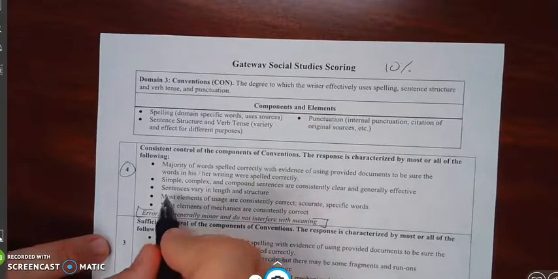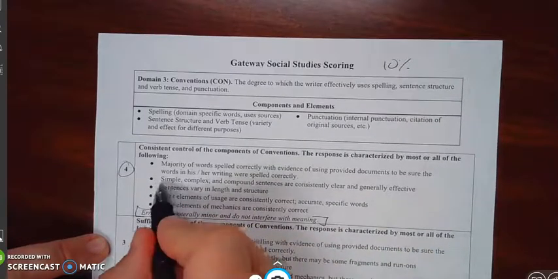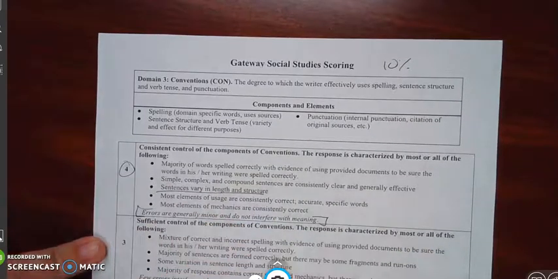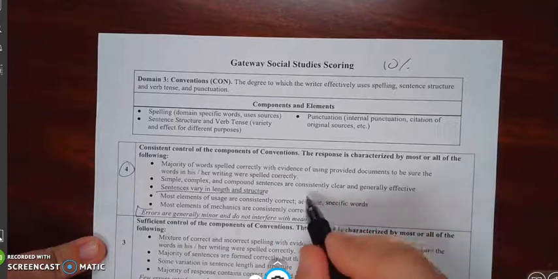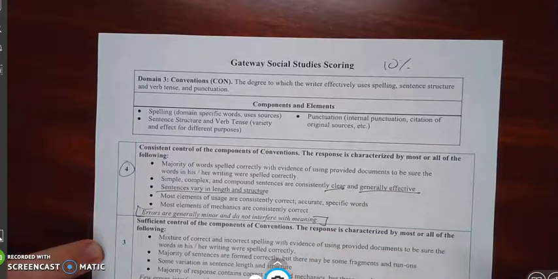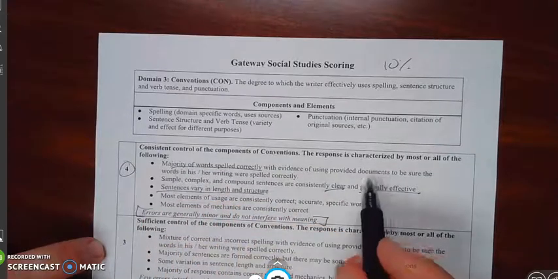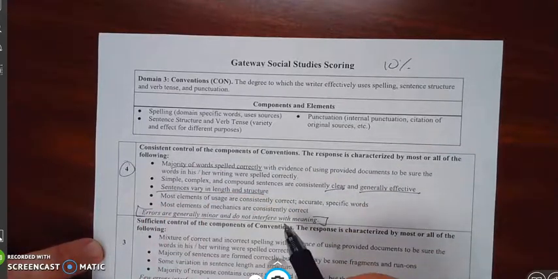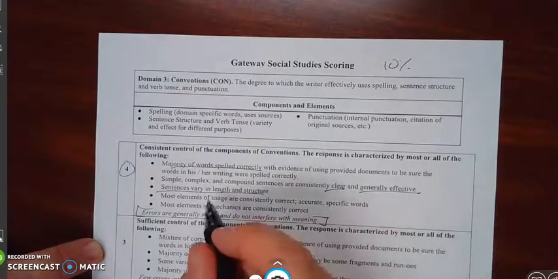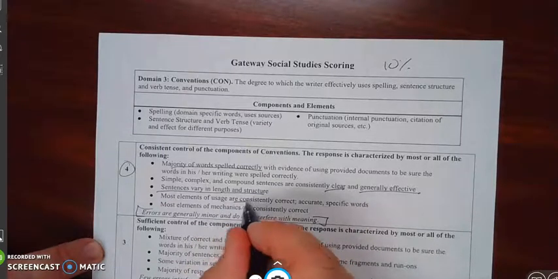This is that 4 paper, right? You're going to have sentences that vary in length and structure. You're going to have a variety of clear and generally effective sentences. And then really this one here, the words spelled correctly. And then it's not, again, interfering. And then I really like this, are consistently correct.